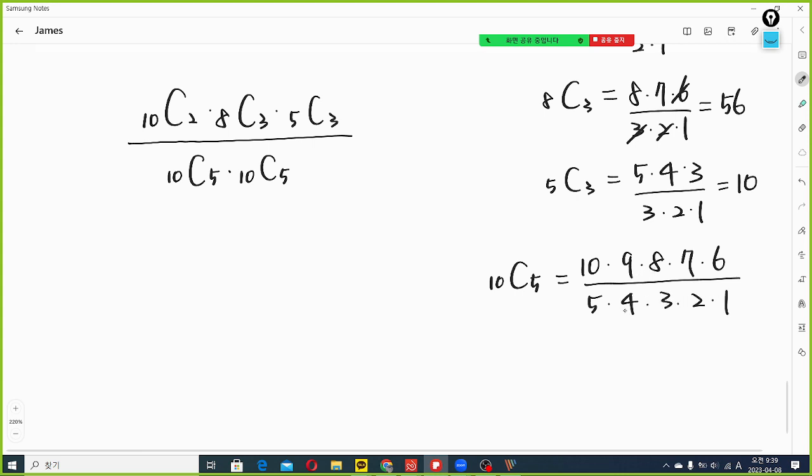So when you simplify, 18 times 14 makes... Yep, I think we can live with this way.